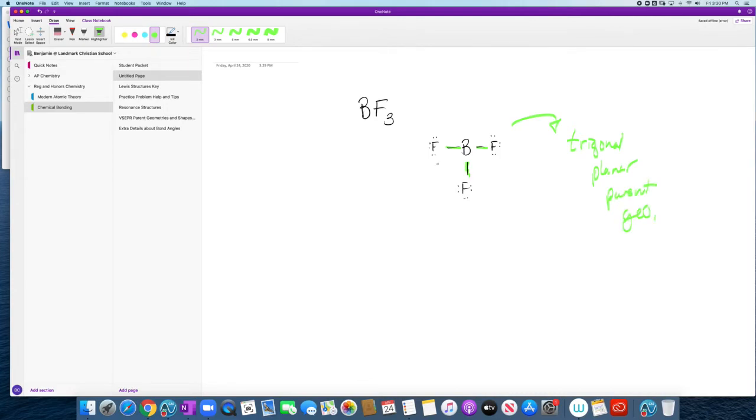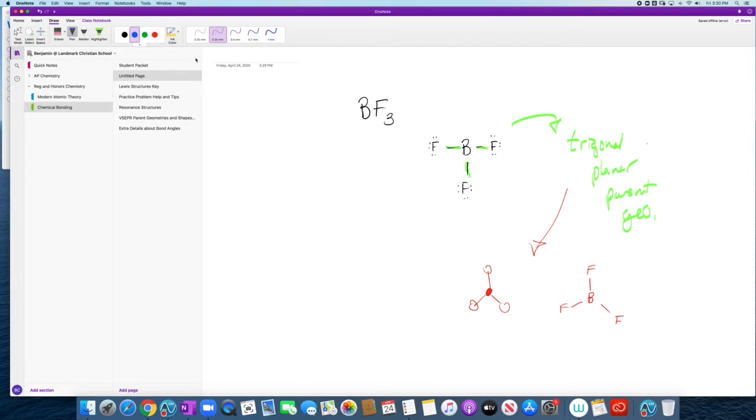And since all 3 of those effective pairs are bonds, the molecule itself is trigonal planar. Central atom bonded to 3 other atoms. Now these are all boron-fluorine bonds, spread out equally, very symmetrical.